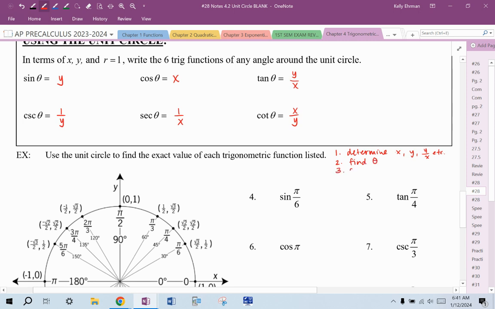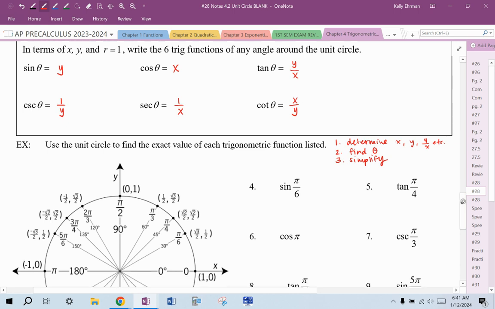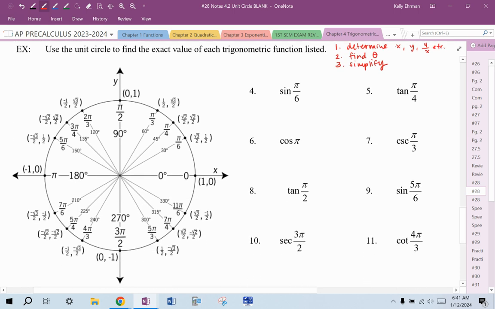And the third step is to simplify if needed, like rationalize denominators, or tangent and cotangent require a little bit of division to happen. So this is sine, which means I should be looking at the y coordinate. I go to pi over 6, I look at the y coordinate, that's my answer, 1/2.